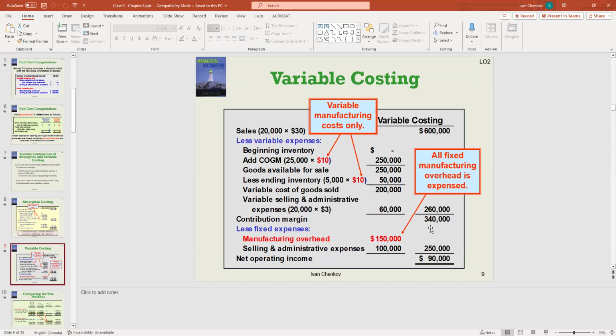And we have a contribution margin of $340,000. Then we add the entire amount of the two fixed costs, fixed manufacturing overhead and fixed selling administrative expenses, that's 250, and now operating income is $90,000.